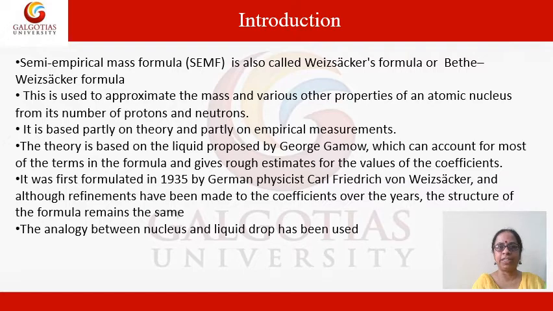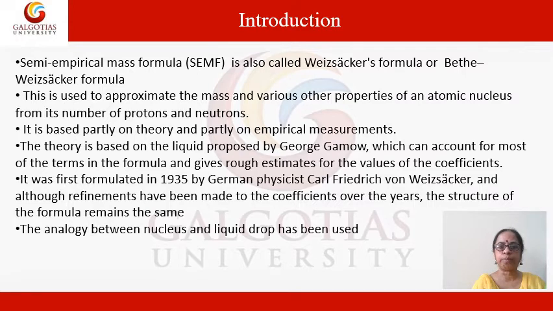Introduction. In nuclear physics, the semi-empirical mass formula is also called Weizsäcker's formula or Bethe-Weizsäcker formula. This is used to approximate the mass and various other properties of an atomic nucleus from its number of protons and neutrons.